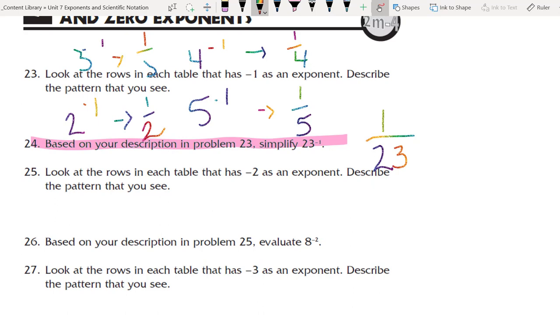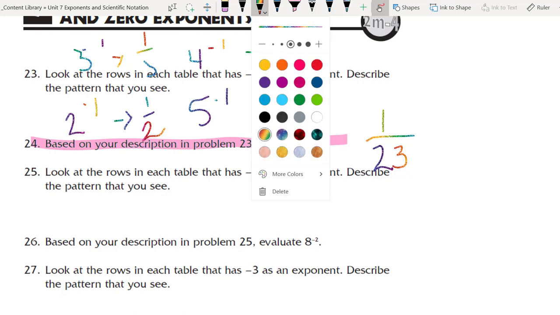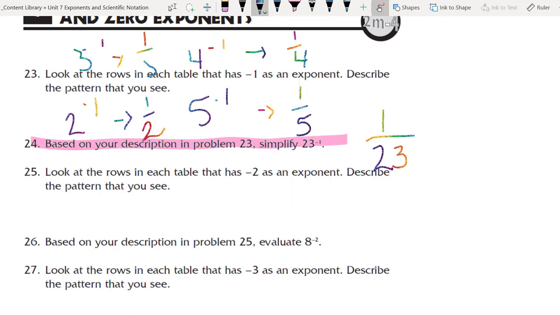So look at the rows in each table that has -2 as an exponent. So when we had 2 to the -2, we had two options. We had 1 over 4 and 1 over 2 to the second.